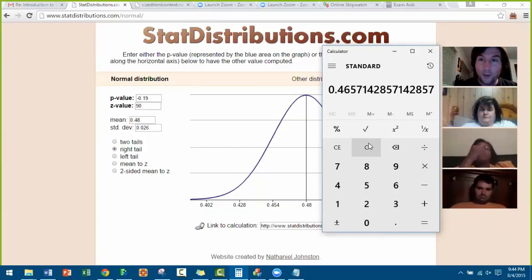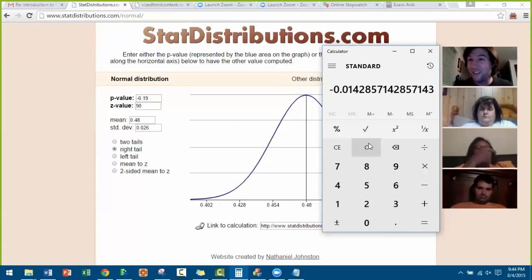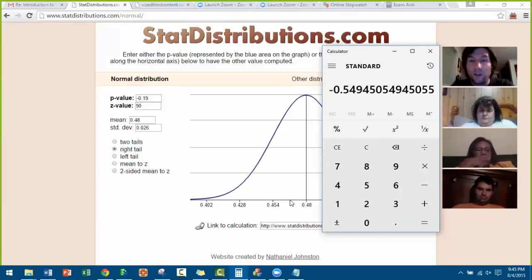We take our observation, we subtract our mean, and there's the difference right there. The difference is negative like we saw, but now we have to do it standardized. So let's go ahead and divide by the standard deviation, which we solved for earlier. And as we suggested, we fell somewhere in here, less than 1 standard deviation below, and not quite at 0. We could take this value of 46.5 and go less than.